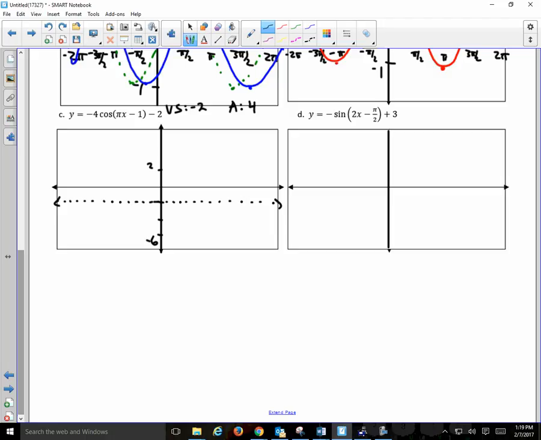All right, I move on to the second set. These are the horizontal parts of the graph, the period. Period is 2. Good job, Jill. So we've got 2 as our period. I'm going to divide that up into 4 parts. Why do we divide it up into 4 parts?